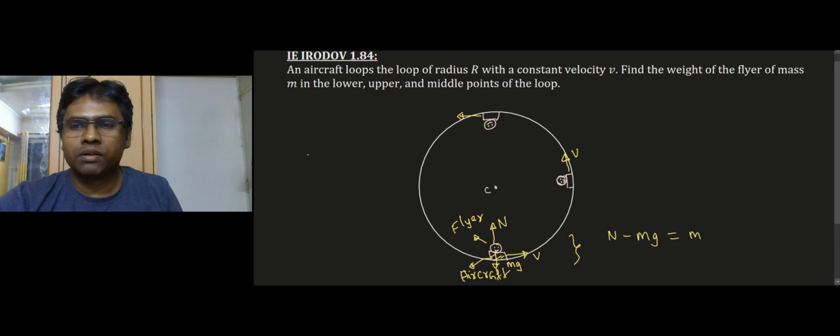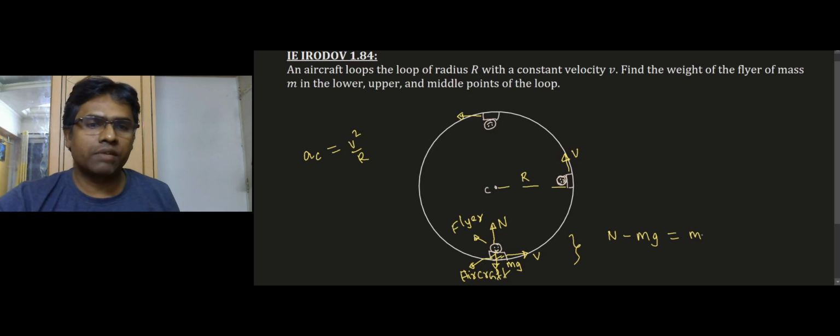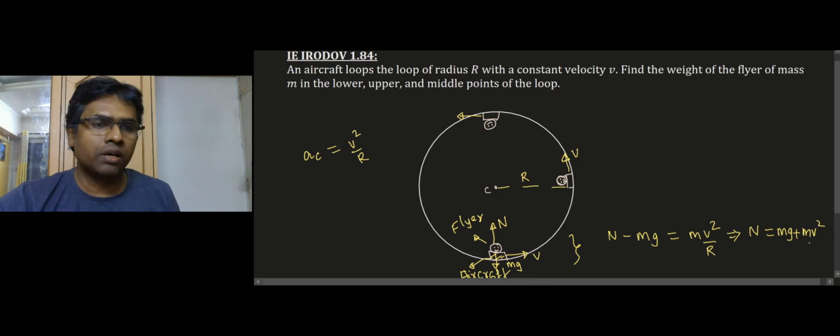I think you must be aware that the centripetal acceleration, if a particle is moving along a circle with speed v and the radius of the circle is r, the centripetal acceleration is v square over r. So here if I substitute the acceleration, okay, so the normal force applied by the seat is mg plus mv square over r.